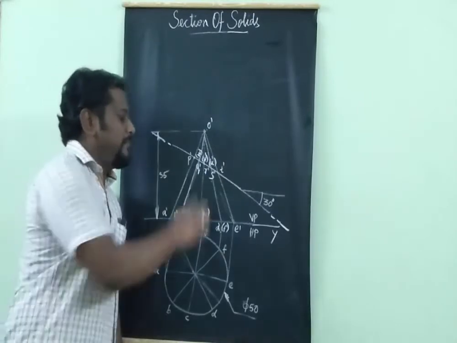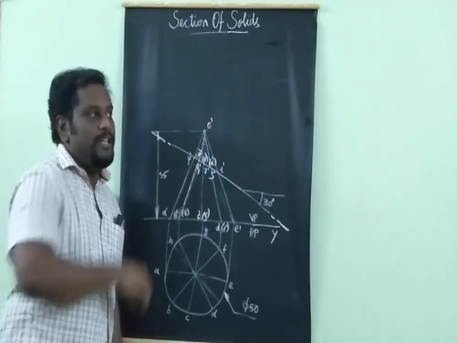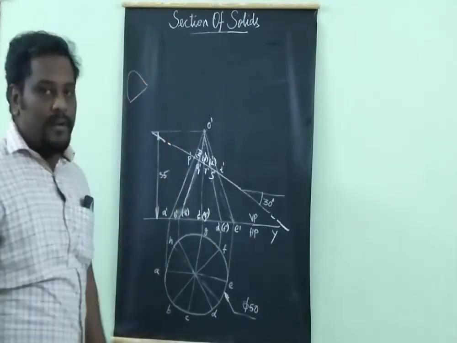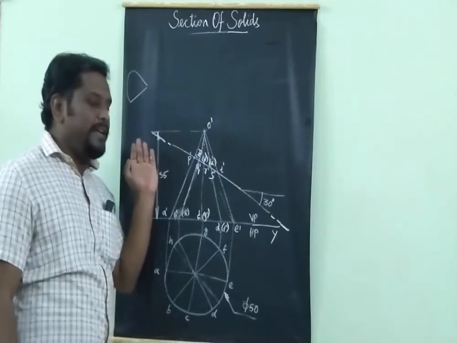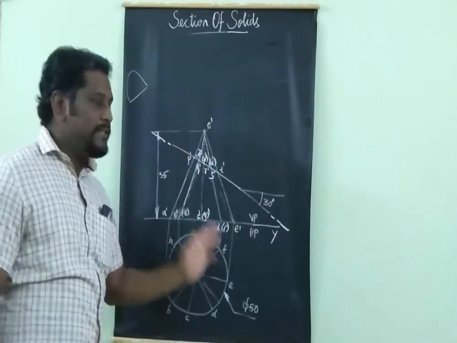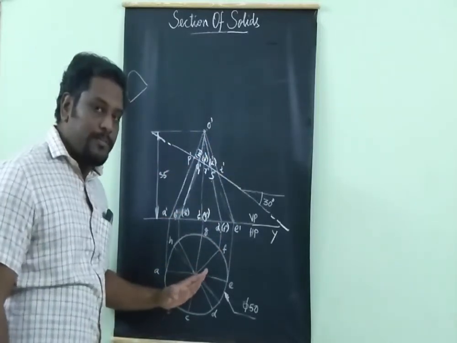In case my cutting plane cuts the base of the cone, then you will have a parabola like this in the true shape, right? So again I am repeating, if it cuts the longer edge, you will have only the ellipse. If it cuts the base, you will have a parabola like this in the true shape and top sectional view also, right?